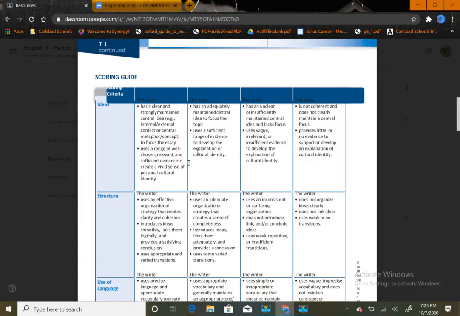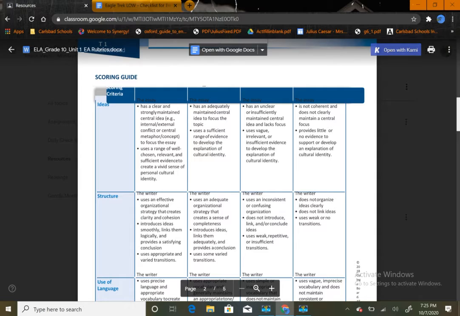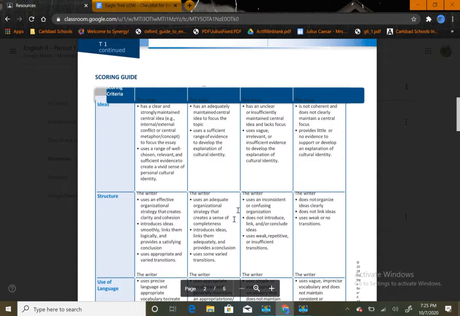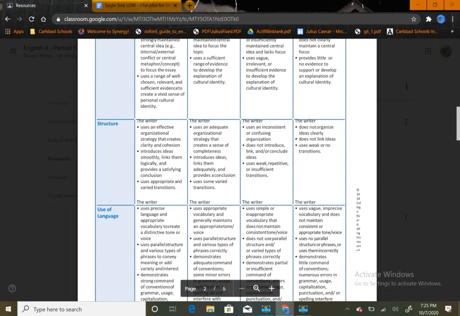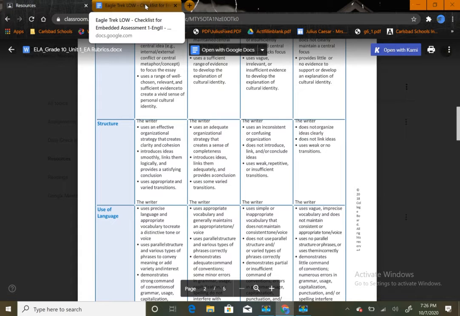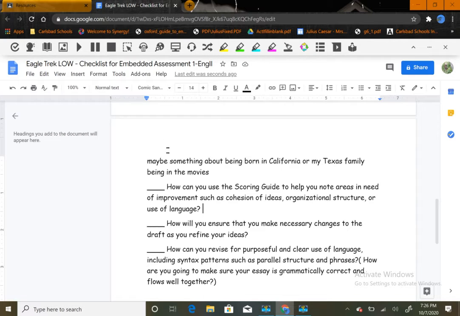Has to have a central idea, significant range of evidence, cultural identity, organization. Does it have an introduction? Do I use various transitions like then, next, first, second? And am I doing it grammatically correctly? Meaning I have some convention of the English language. Like I capitalize the word or the letter I when I'm talking about I. So things like that.